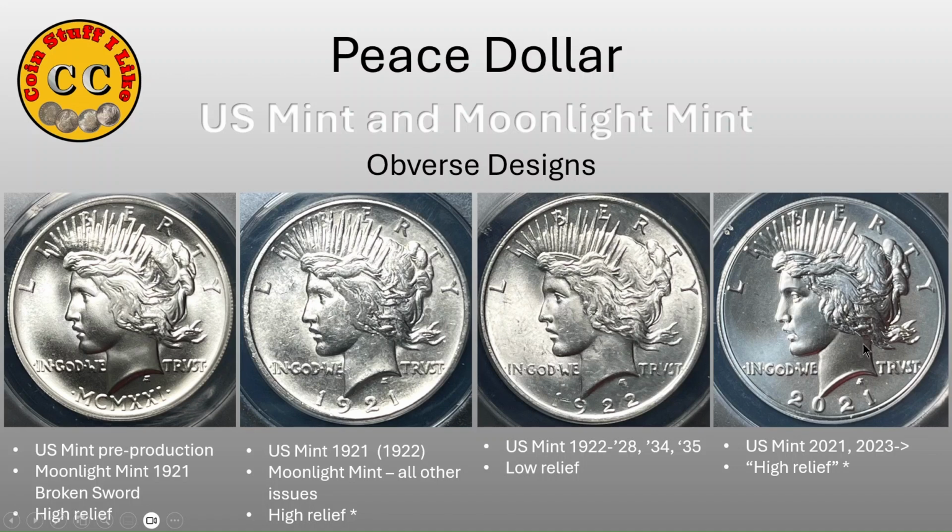The U.S. Mint for the modern resurrection in 2021 adopted this high relief design here. Again, the high relief is different than this high relief because this is the high relief that is to specifications for modern commemorative coinage. So there you have it.